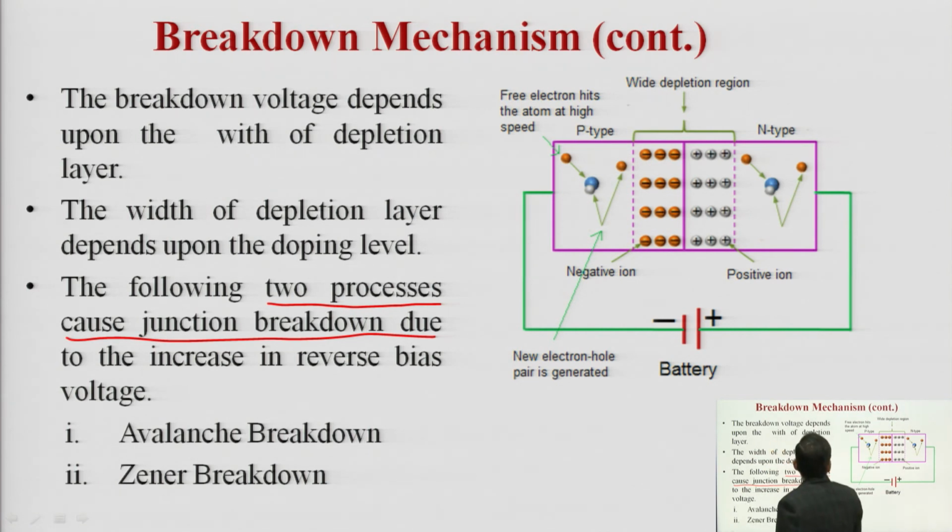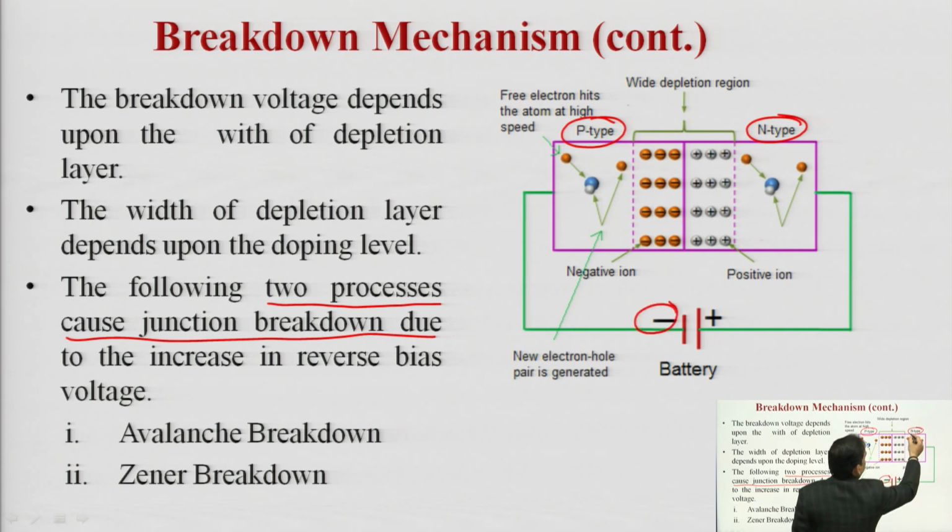So, we can see that we have a PN junction diode. This is P type, this is N type. P type is connected to the negative of the battery and N type is connected to the positive of the battery. This situation is the reverse bias situation. In P type we have holes as majority and in N type we have electrons as majority.